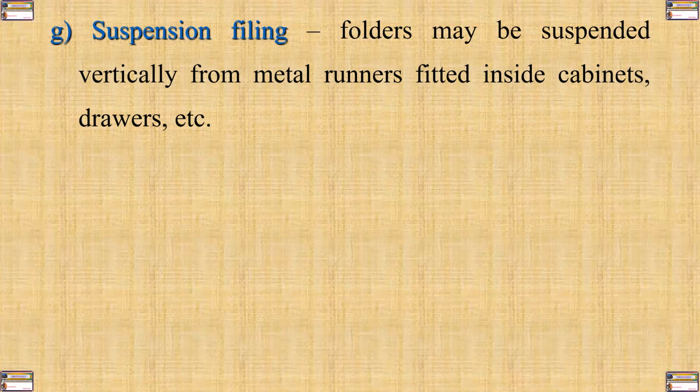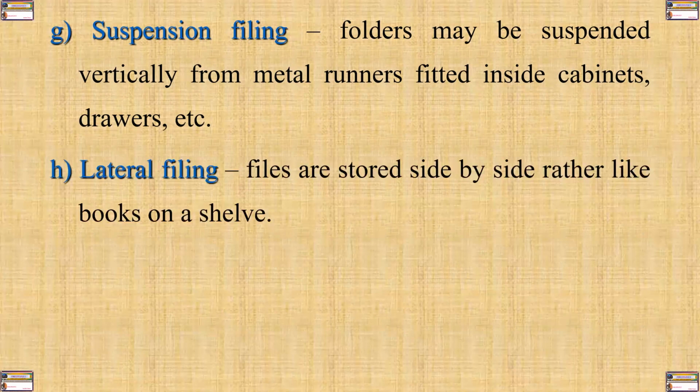In suspension filing, folders may be suspended vertically from metal runners that have been fitted inside cabinets, drawers, amongst the others. We also have what we call lateral filing. In lateral filing, files are stored side by side, rather like books on a shelf.